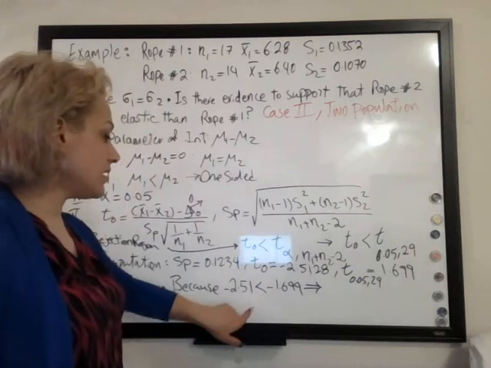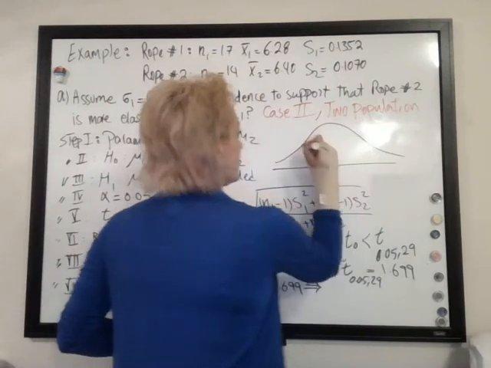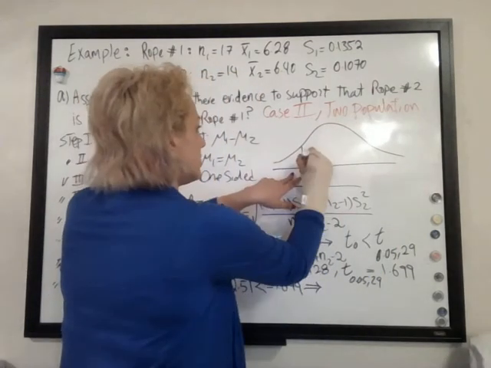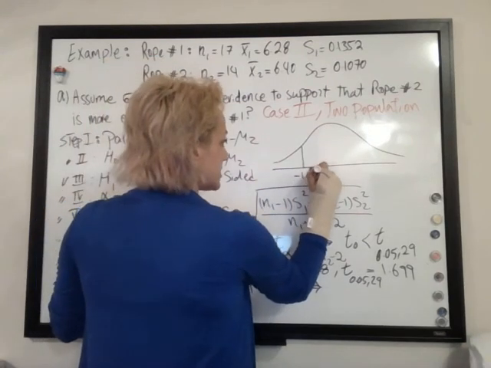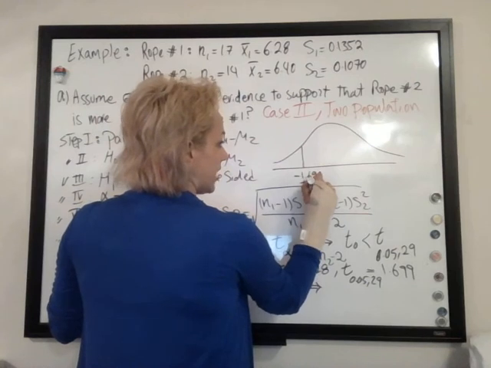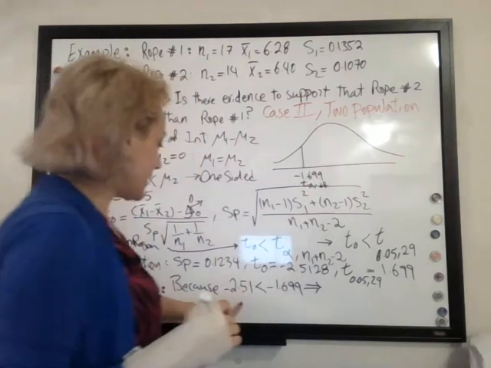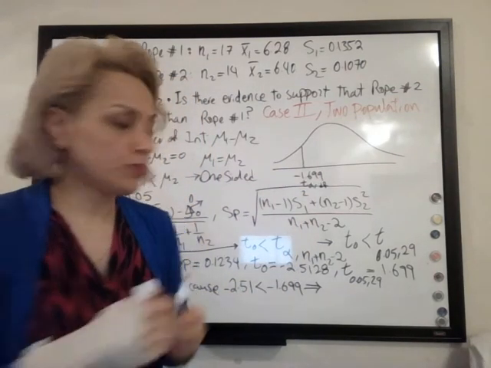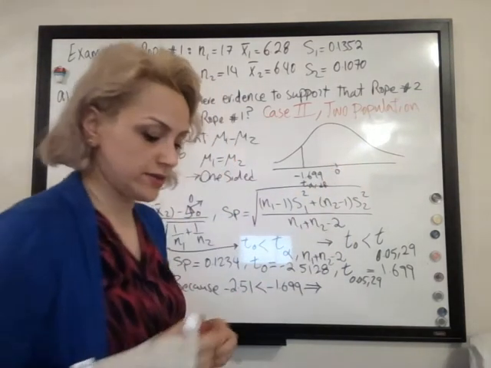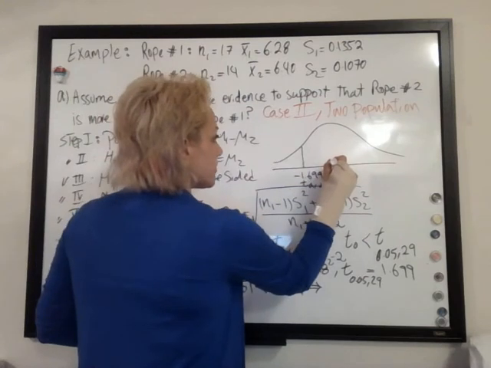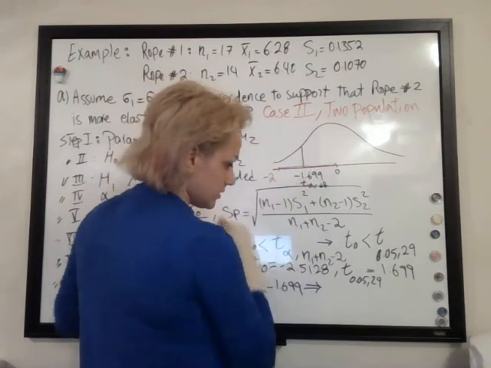So here I have minus 1.699 for the t at the alpha and degree of freedom. So I found that minus 2.51. If I consider here as my 0, as my center, this length, I would go all the way down. So here is going to be minus 2.51.